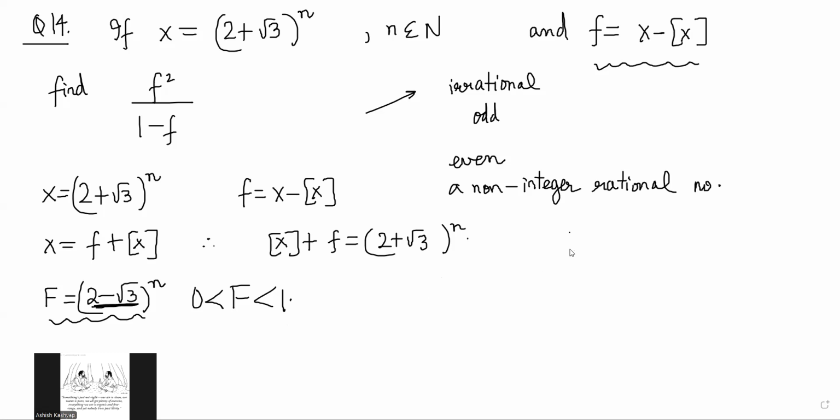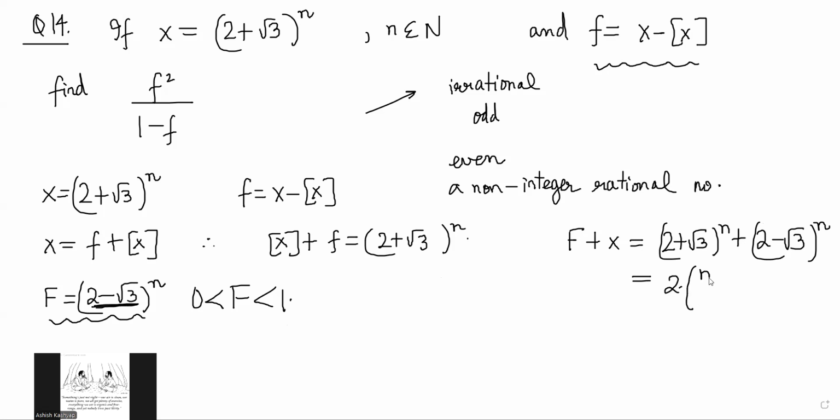So when I do capital F plus x, I am getting 2 plus root 3 to the power n plus 2 minus root 3 to the power n. And you will notice here that all the root 3 powers will get cancelled and you'll get twice the terms like nC0 2 power n and so on.